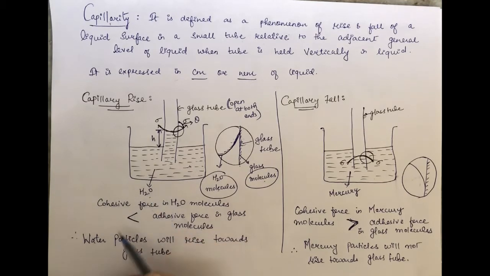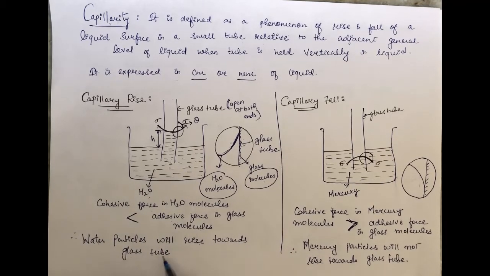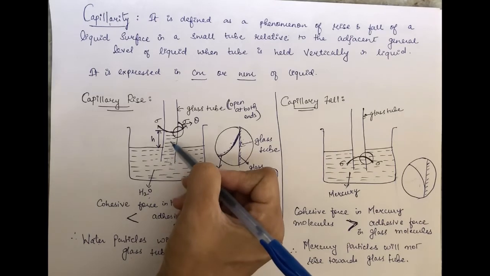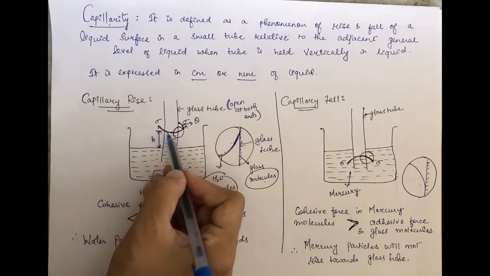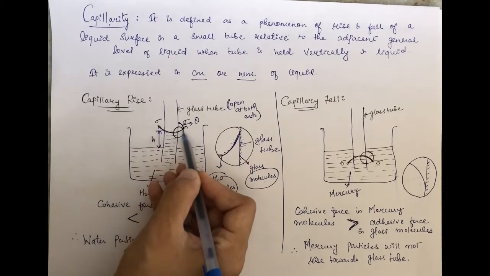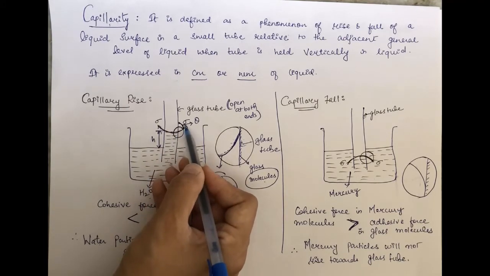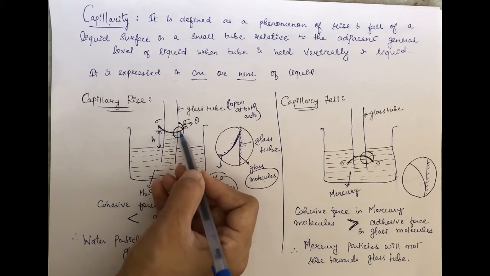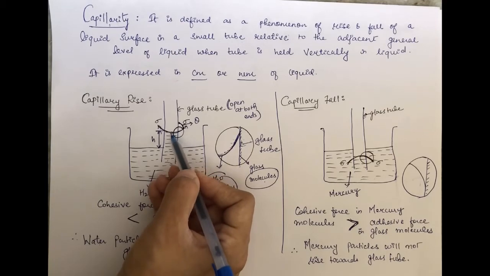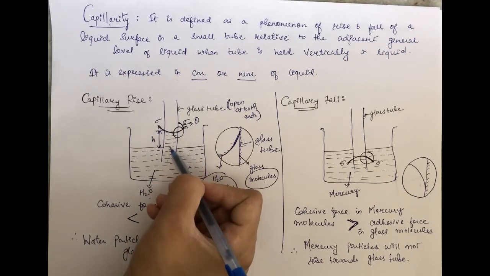As a result, the water particles will rise towards the glass tube, so it will rise upward, and there is an upward curve shown here. At this curve, the interface between the glass tube and the water, surface tension is existing.